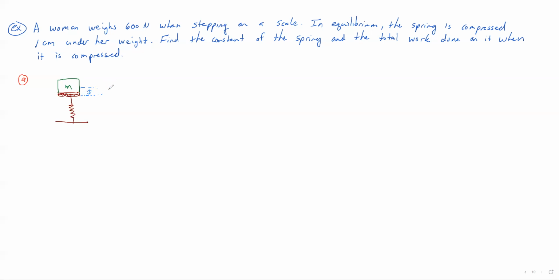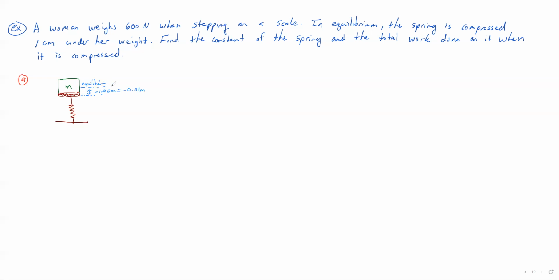That makes sense. So the distance is going to be negative 1.0 centimeters, which I'm going to say is negative 0.01 meters, just because we have to have that. Now, this spot up here is equilibrium.